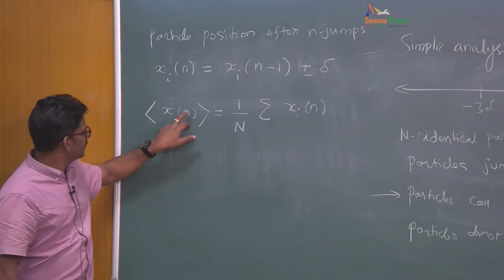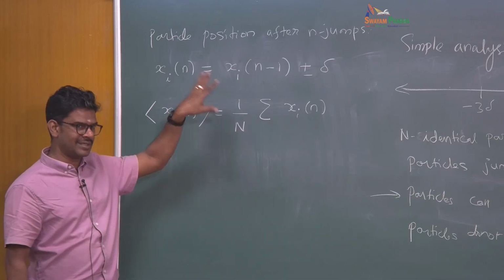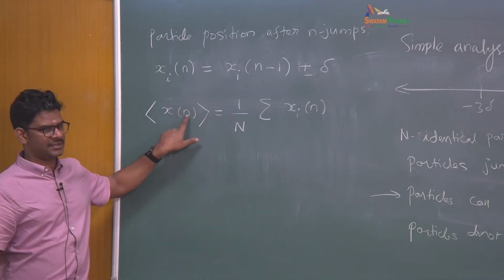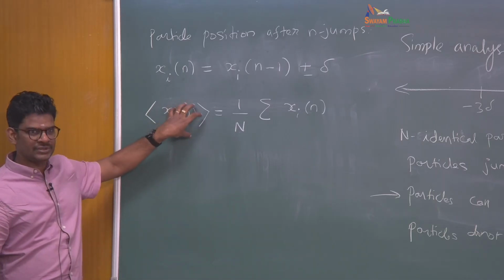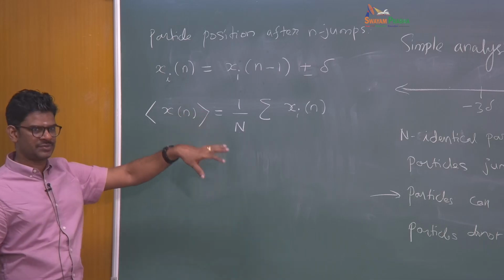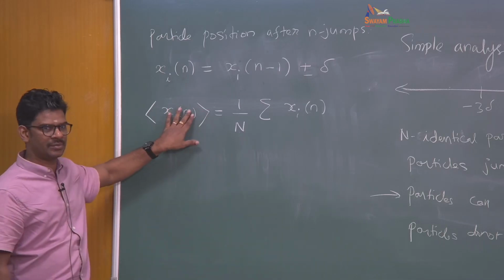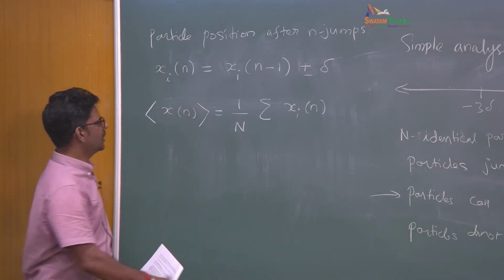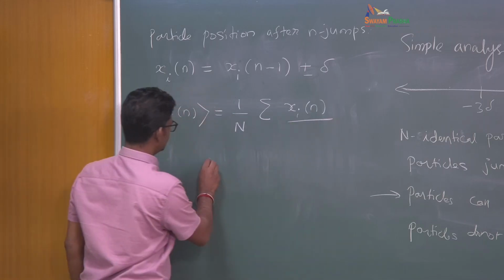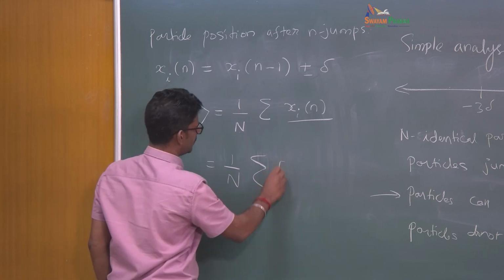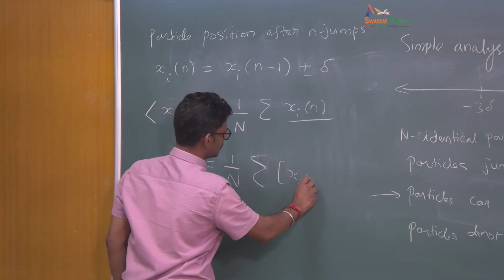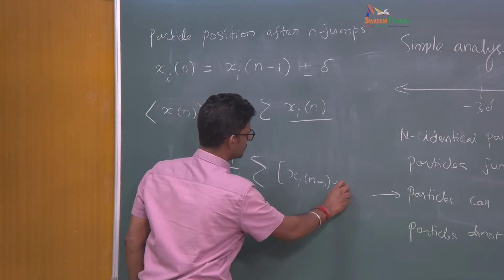Please don't confuse this N and this n. This capital N means the total number of particles, this small n is the number of jumps it has made. It's more like a time here. I will replace this n with time subsequently. Just imagine it like a time variable. Now I have already given a recursive relation for this, so I can write xi n minus 1 plus or minus delta.